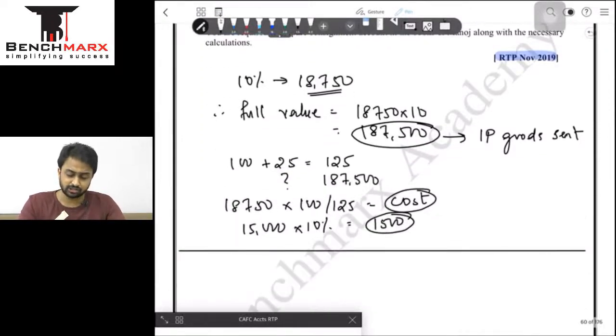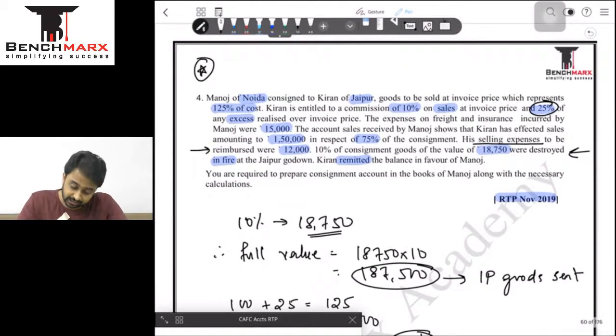So tell me what is the sales percentage. The sales percentage is 75% of the consignment. And what is the full value of the consignment?